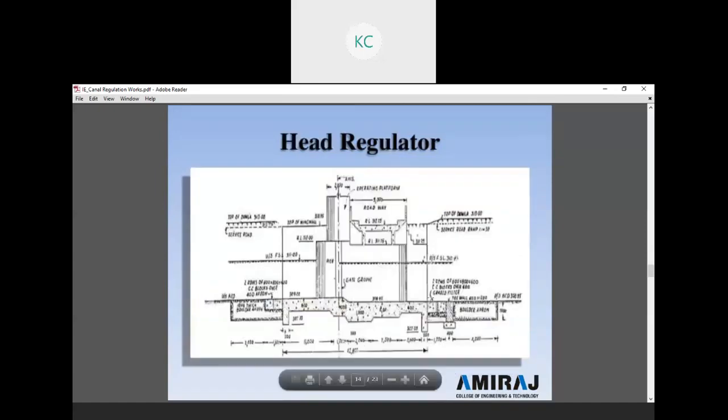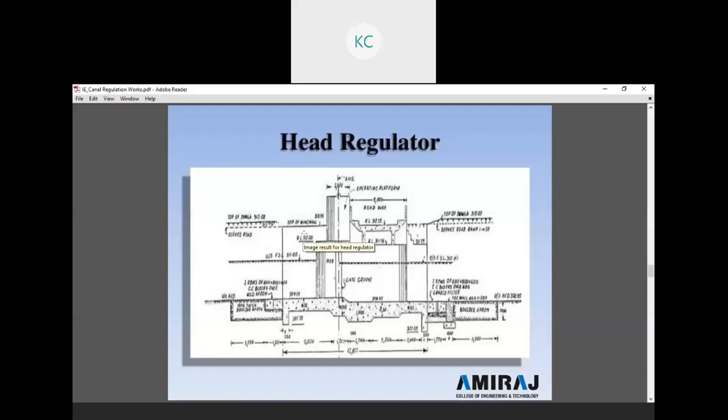This is a cross section of the head regulator. There are certain differences between the cross regulator and the head regulator. In the head regulator, certain manholes are provided to examine, clean, or properly maintain the head regulator.